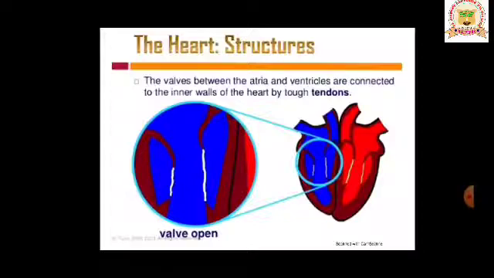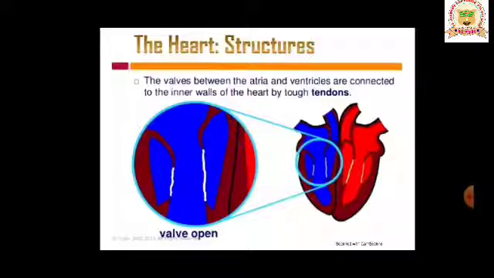Tendons are fibrous tissue, a tough tissue which joins muscle to bone. So here it plays an important role.